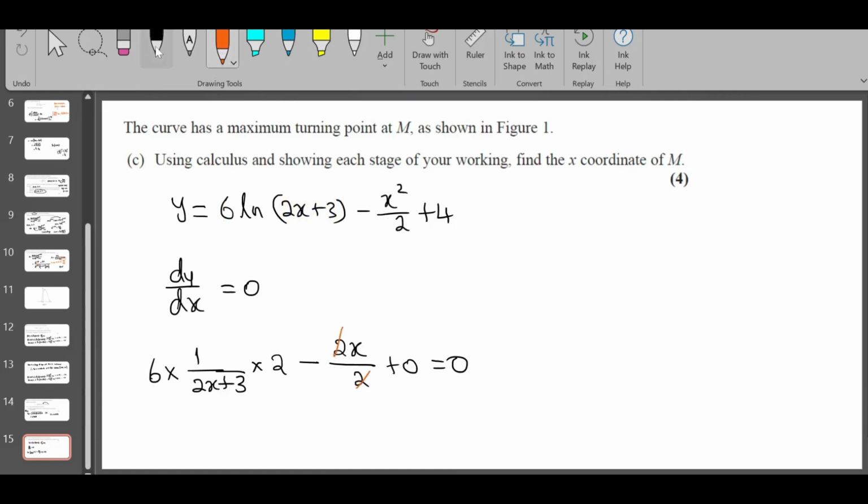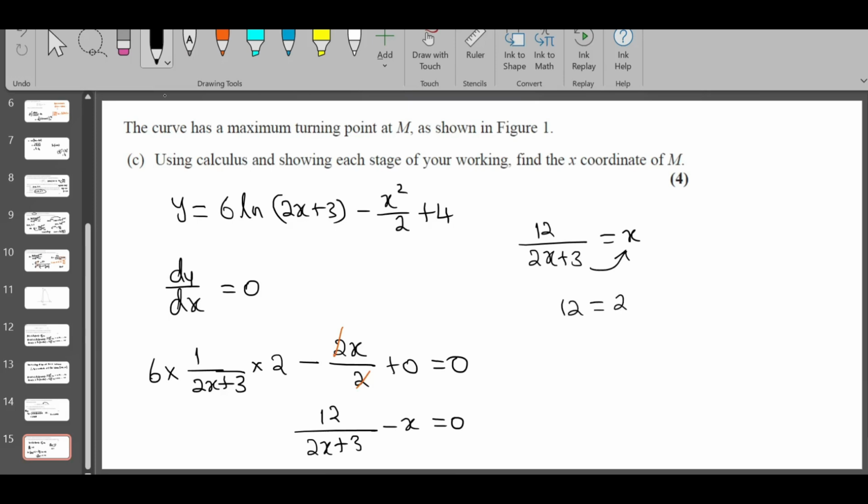So you're going to get 12 over 2x plus 3 minus x is 0, and make x the subject. So 12 over 2x plus 3 is equal to x. Bring it here. You're going to get 12 is equal to 2x square plus 3x. So you got a quadratic equation: 2x square plus 3x minus 12 is 0.